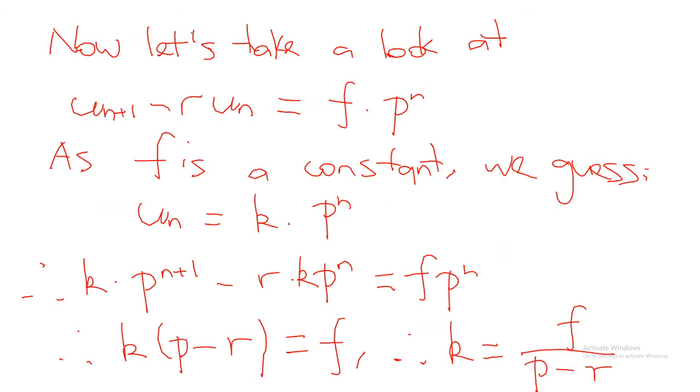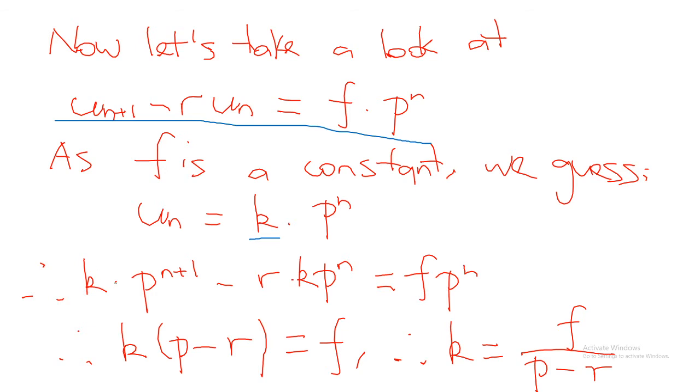Now let's politely take a look at our ignored part. Un plus 1 minus r times un is f times p to the nth power. As f is a constant, we guess that un is a constant k times p to the nth power.